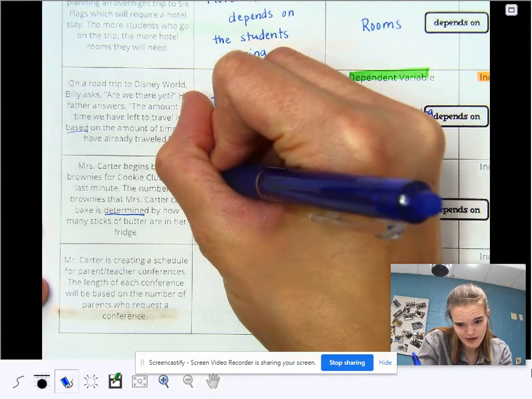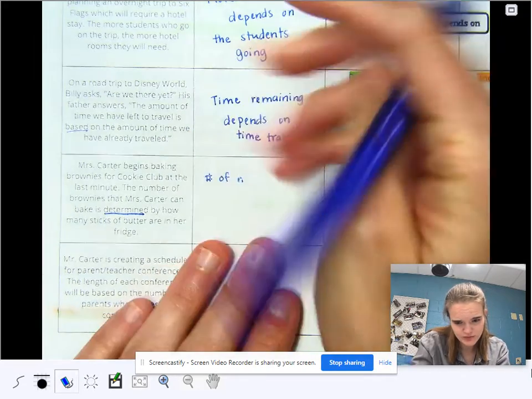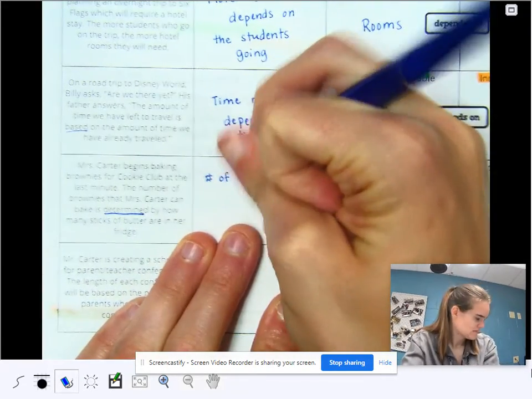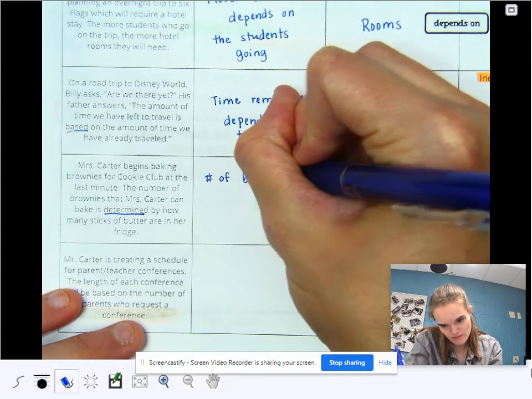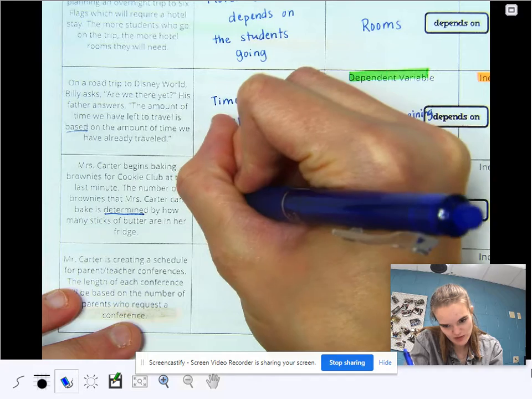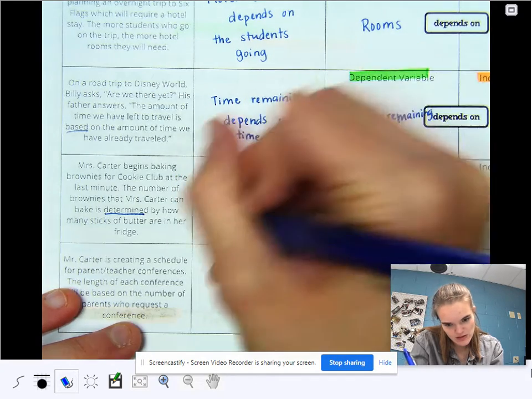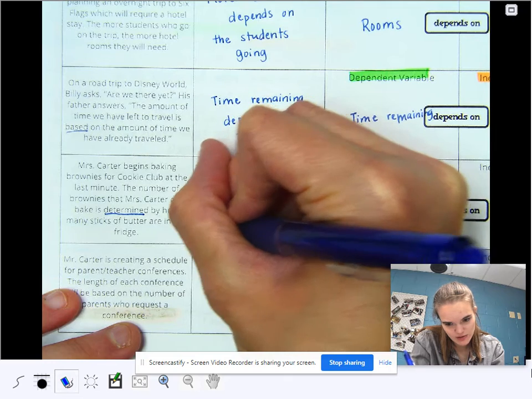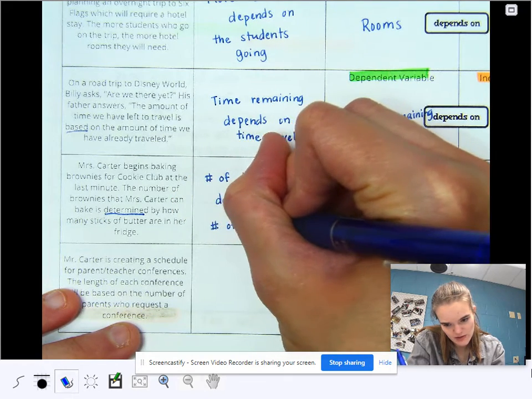So number of brownies, I'm going to use the number symbol. I don't want to write number of brownies. Depends on number of sticks of butter.